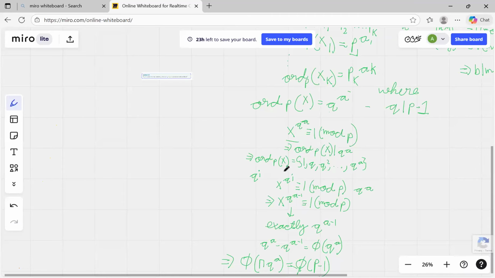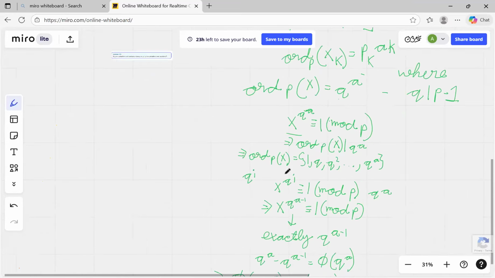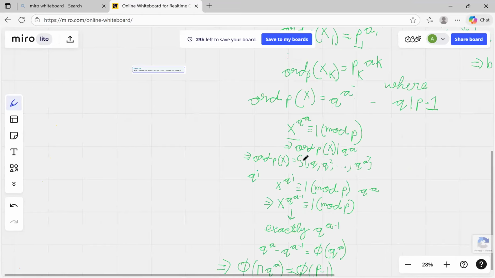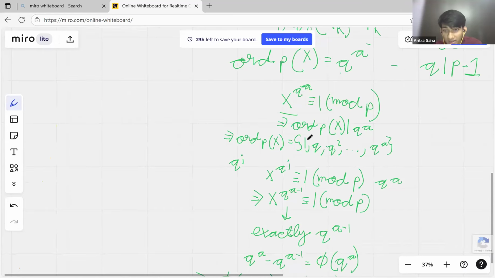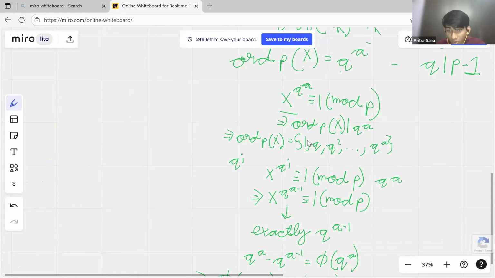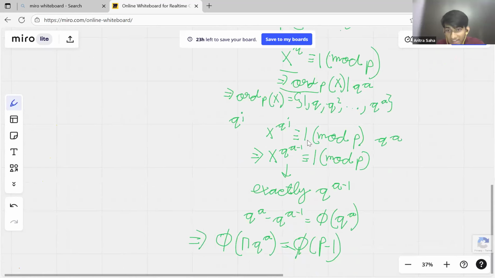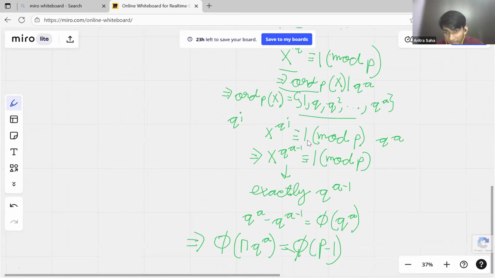from where you started with x to the power q to the power a. Did you get till this? The order of x divides q to the power a, just the order thing, right? So the order lies in this set because q is a prime. So now let q to the power i be the order.